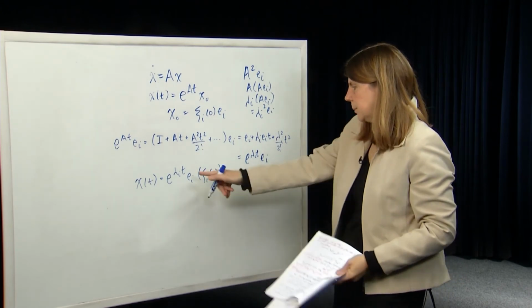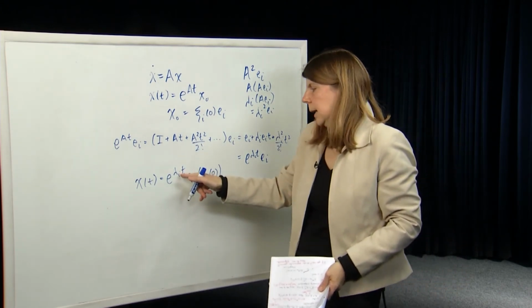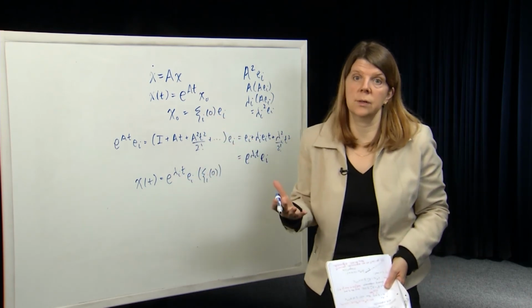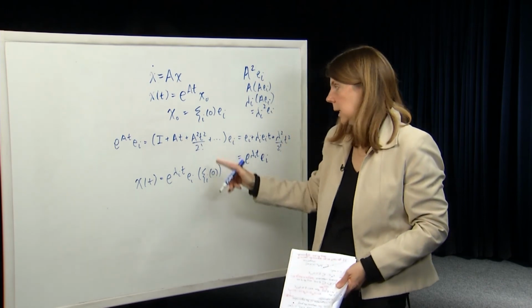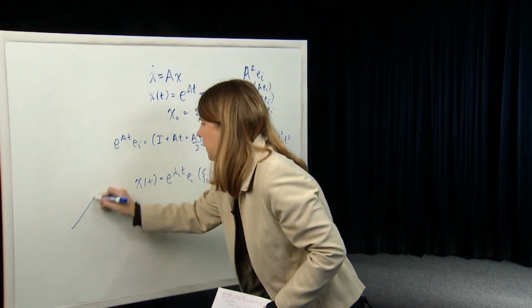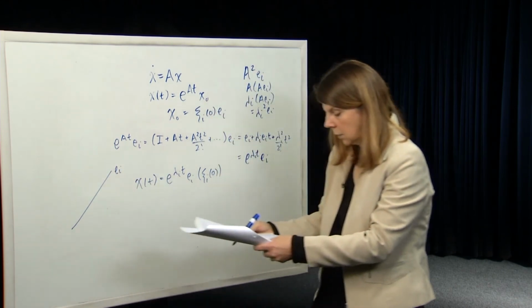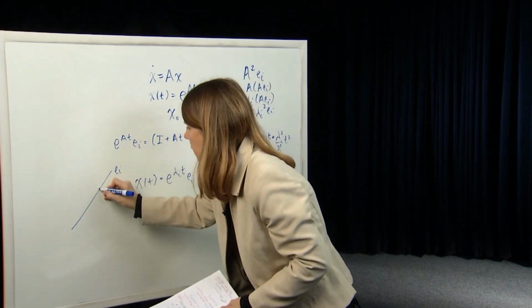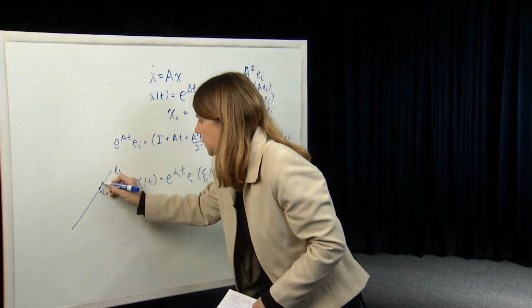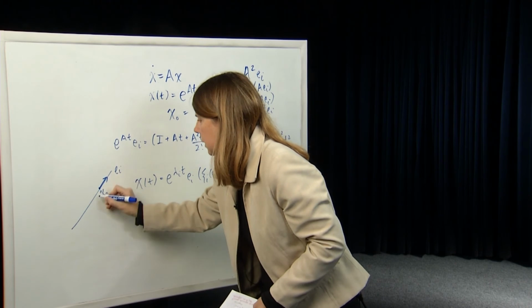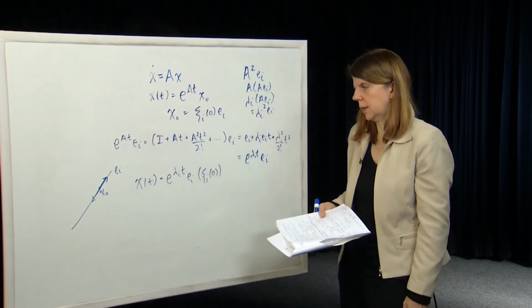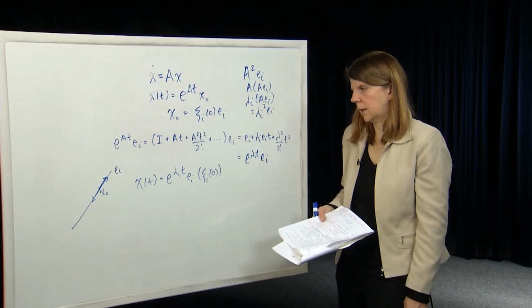Okay, so geometric interpretation. If lambda i is real, let's just go back to the case where our initial condition is one of the eigenvectors of the matrix A. If lambda i is real, then it says that if you start on that eigenvector ei, you're always going to stay on that eigenvector. So you start out at some point on that eigenvector, then the system will stay on that eigenvector, evolving that way or that way, depending on the nature of the eigenvalue, whether it's positive or negative.